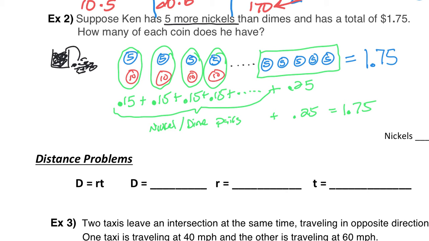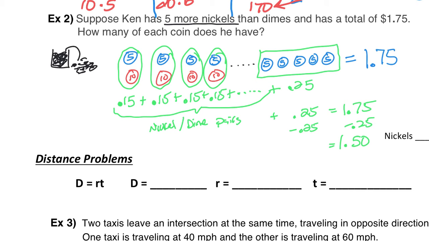So if we just take away this 25 cents, because we know that that's nickels, that means we have to have $1.50 from these nickel dime pairs.